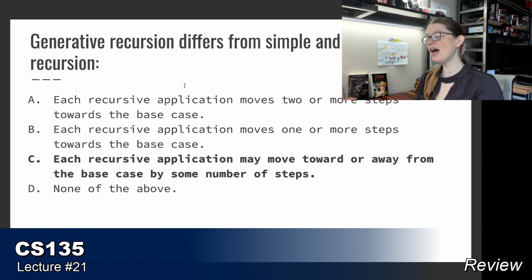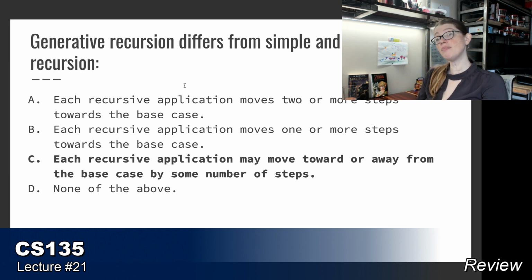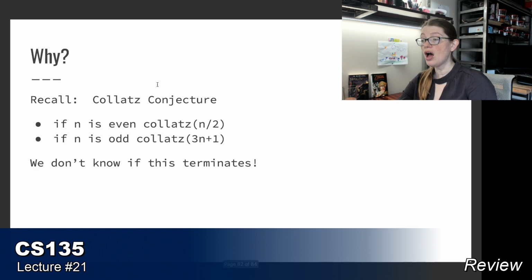Well, our recursive applications are based on whatever function it is we are implementing. And in some cases, we may be moving away from the base case, and we might be moving towards the base case by some number of steps. And if you can't think of a time where you're moving away from the base case, I'd like to remind you of our good friend, the Collatz conjecture.